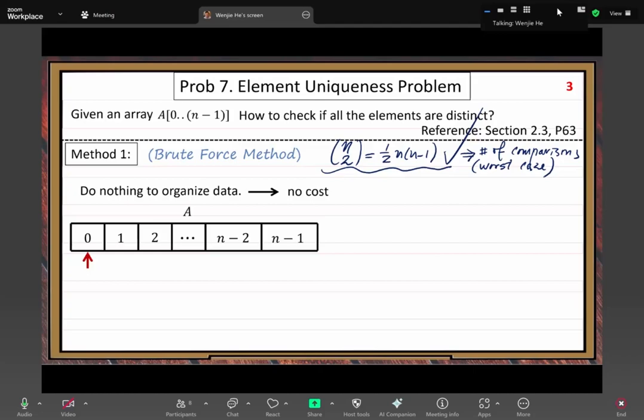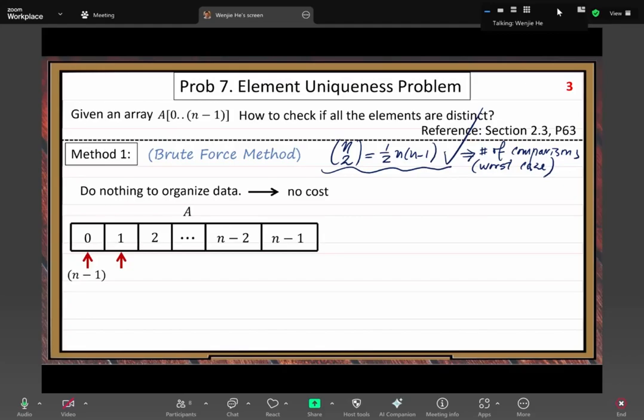So we fix the first one, we select it. Then for the second component, we go through all the remaining elements, right? There are n-1 remaining elements. So we should cover all of them. That's the first round, first scan of the array. But after that, we need a second scan. The second scan, we select the second element as our first component in the current pair. And then we fix it.